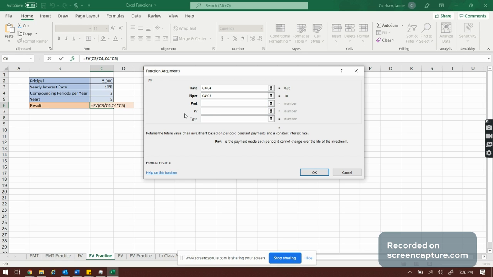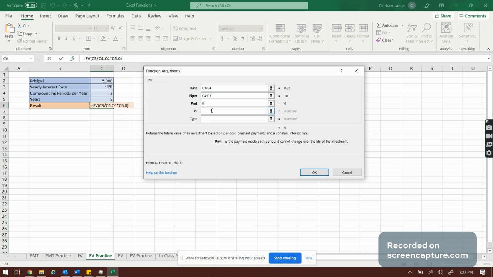Second to last here, we're going to go down to PMT. Now, in the previous slide, we had a PMT of, I believe, $10 a month. For this problem, we're not adding any extra money. We're just adding money initially, and we're seeing how much it'll be after the resulting 5 years.